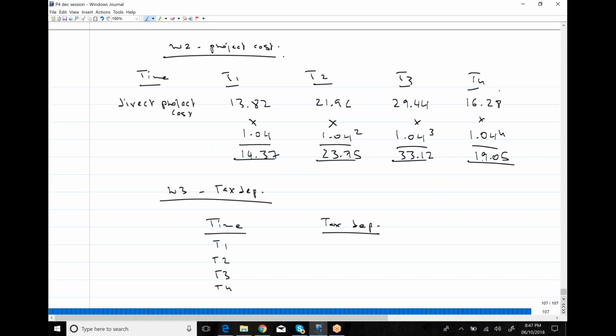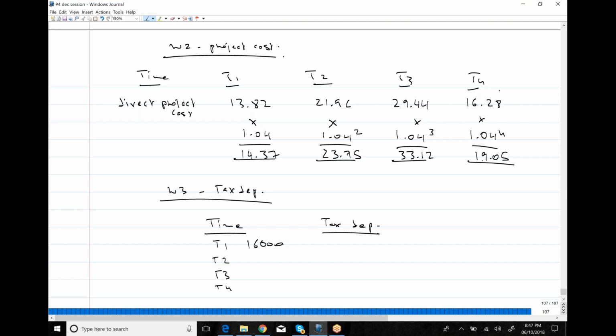Okay. Now depreciation is only available on the machinery. What is the cost of machinery? That is written in point 2. 16 million, right? That is 16,000.